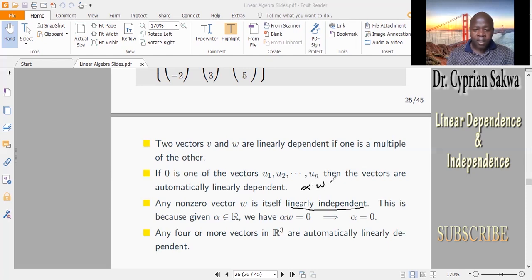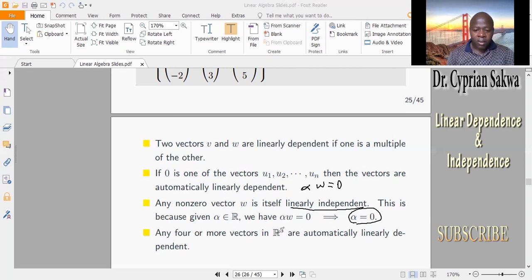Using my second definition of linear dependence, if I take a scalar alpha multiplied by w, you would see that alpha here would be 0, so all the scalars will be 0. The only scalar we have there is alpha, and it equals 0. So it means that vector w is linearly independent.